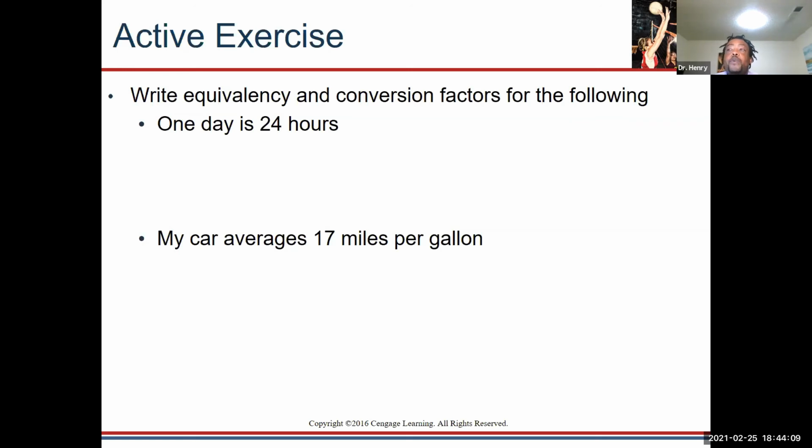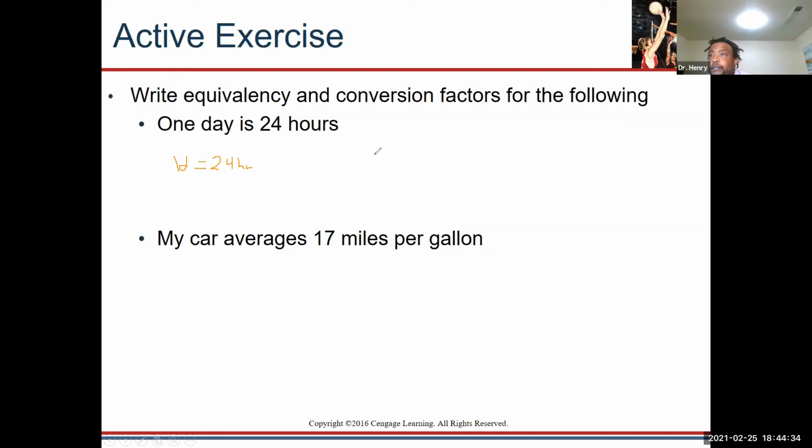Okay, write the equivalency or the conversion factor for the following. Basically, I just want you to say what the equivalency is for 1 day equals 24 hours. There are a couple ways you can do it. 1 day equals 24 hours.